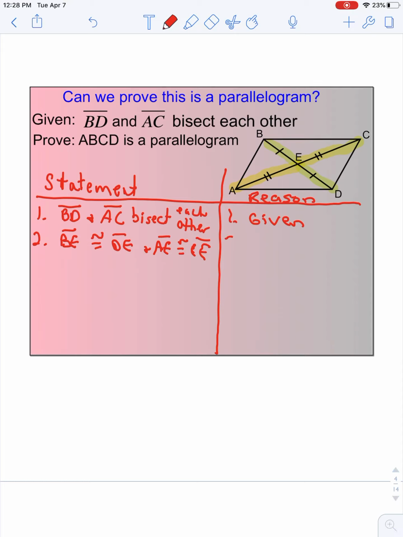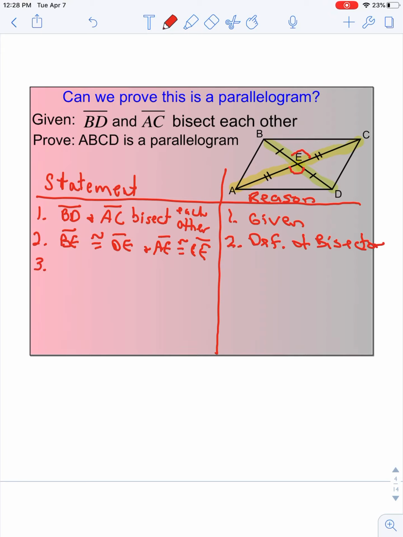And that would just be simply by definition of bisector. Okay, so now that we know that, we also know that angle BEC is going to be congruent to angle AED.